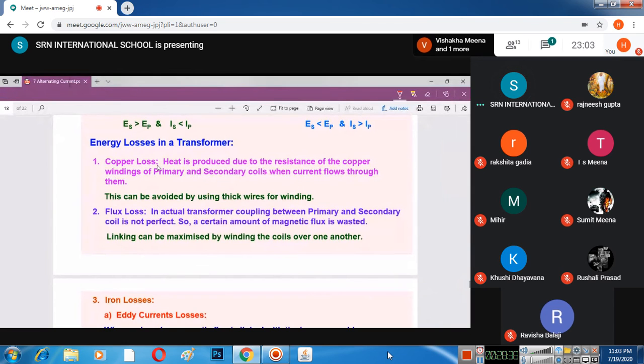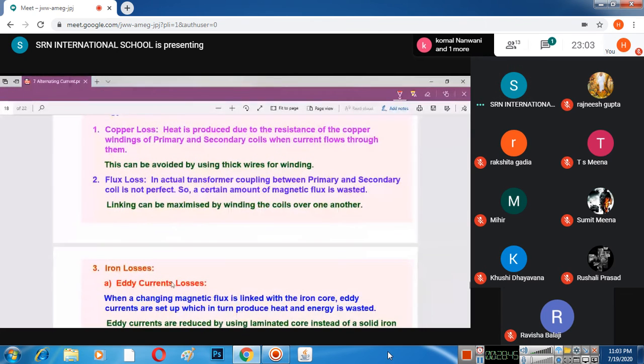Now, eddy current loss is the second loss which is associated with the transformer. This eddy current loss is because of the induced current, because the principle of this transformer is mutual induction. And if there is induction, that means eddy current will be produced in the circuit, because eddy current is an induced current, and this current flows into the soft iron core of the transformer.